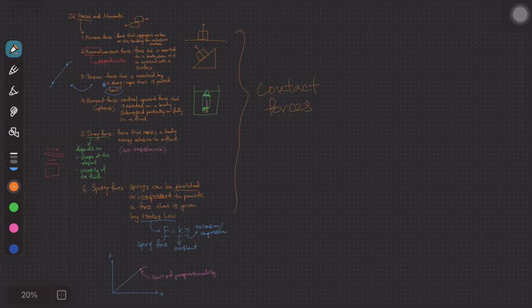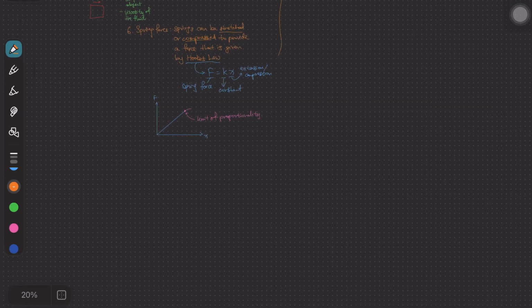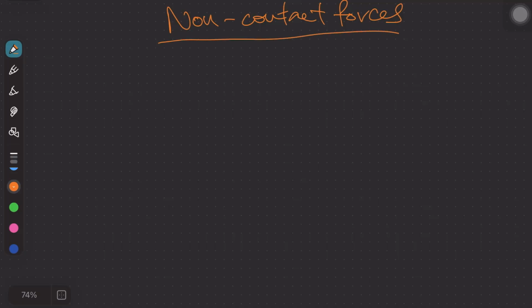Apart from this, we also have what we call non-contact forces. These forces are able to act without being in direct contact. And this also brings us to this idea of a field of force.